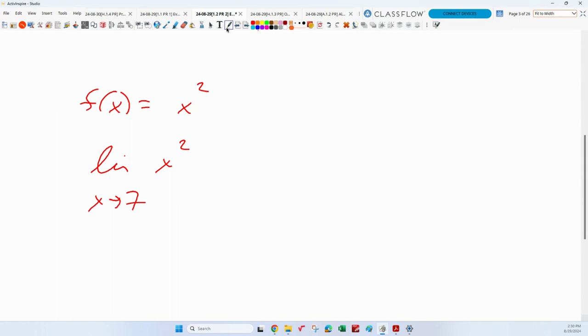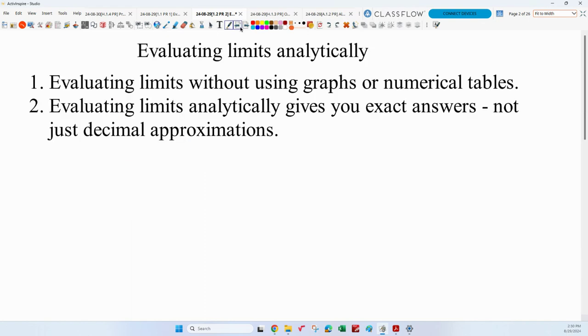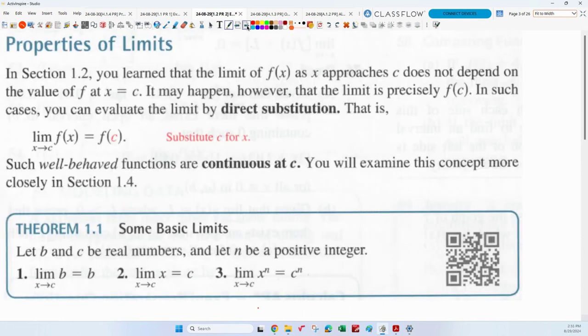But this is just a plain old function whose graph is continuous, and so there are no tricks up our sleeve here. The ant is going to step where he anticipates stepping, so it's easy to figure out what the limit is. Piece of cake. That's a direct substitution question. We always want to rely on direct substitution whenever we can because it's super easy, okay?